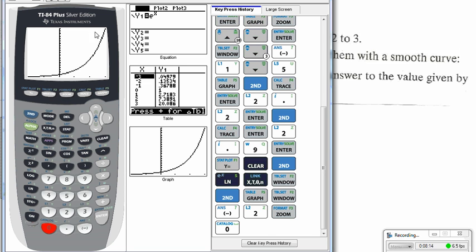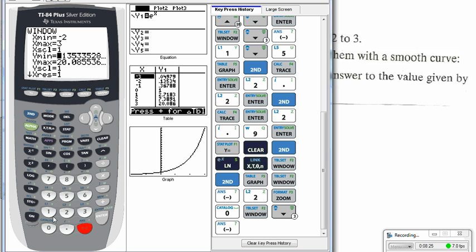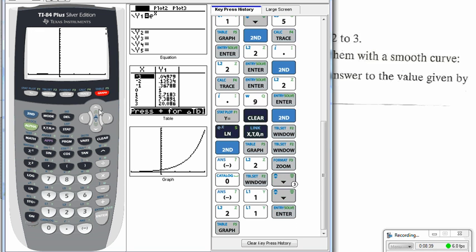Then you will get that kind of curve. But going back to the window, we'll try to write this one up a bit nicely by showing -1 and then 21, because those are the values right before and right after. And press enter and graph.